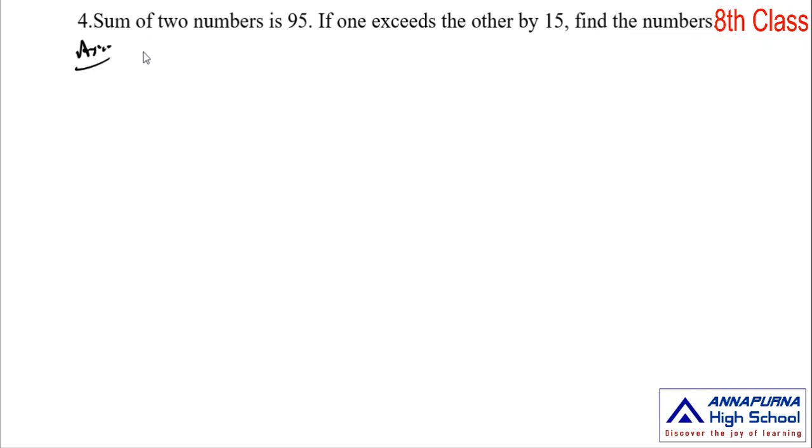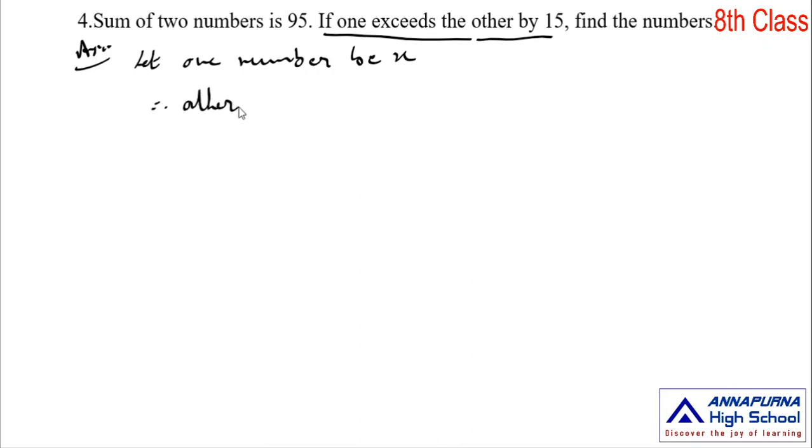For example, let one of the numbers be x. Then from this statement, what is the other number? One exceeds the other by 15. Exceeds means more. So if one number is x, then the other number is x plus 15.